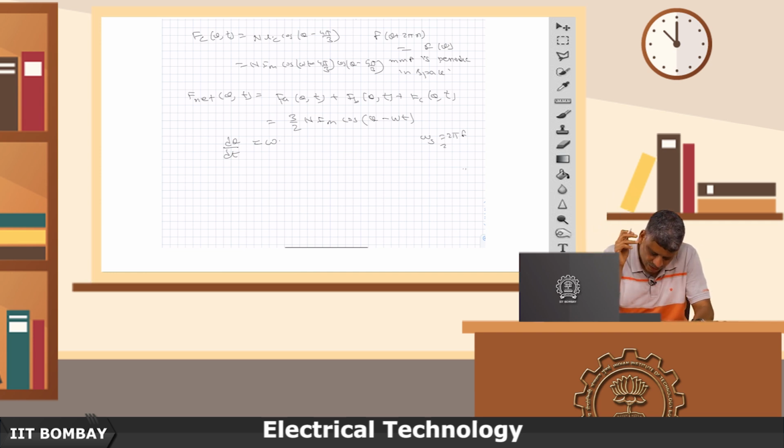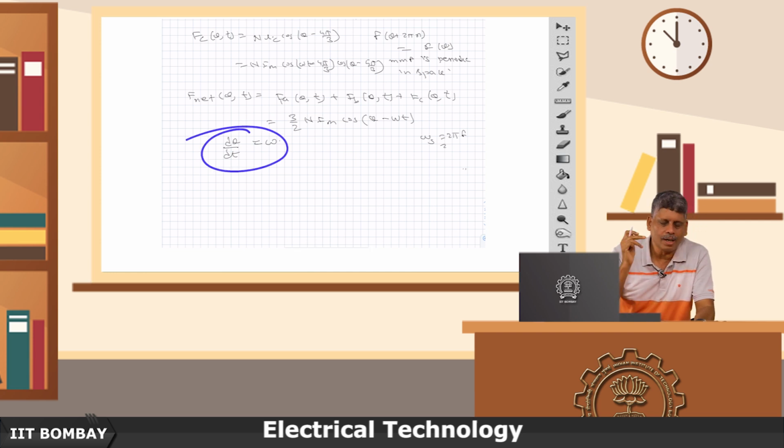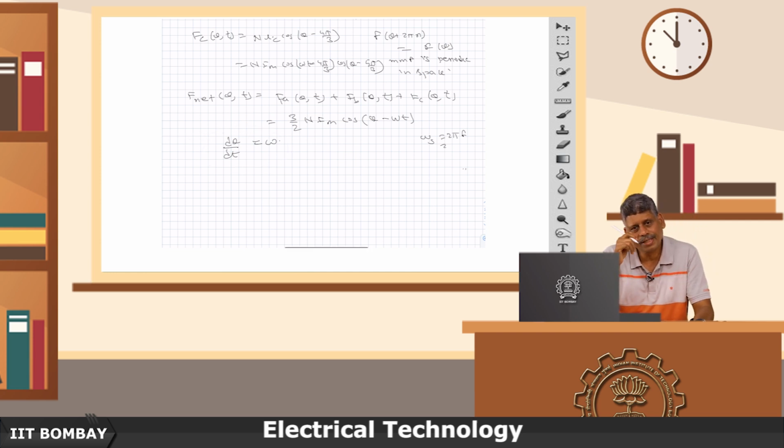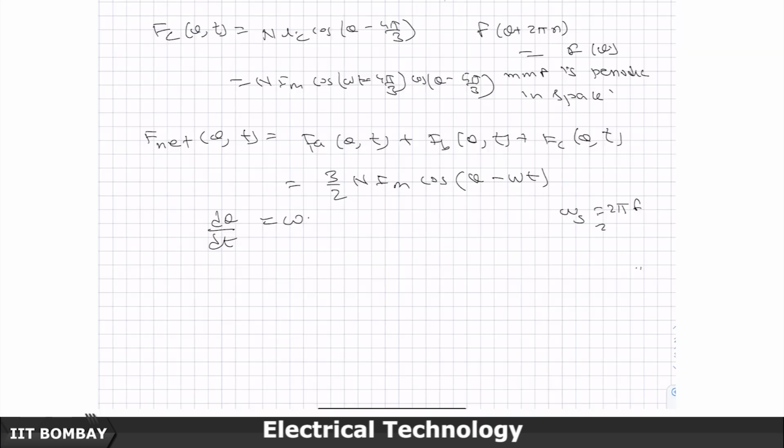or alternately in terms of electrical radians, if the observer in the air gap is rotating at a speed omega, which is the frequency of the AC supply, then suppose you decided to place yourself at theta equal to 0, then at t equal to 0 you will be seeing the peak.